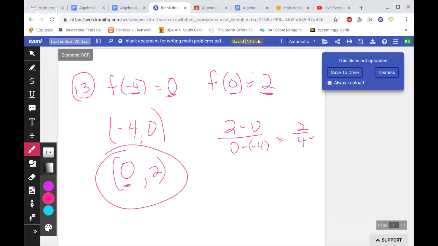So 2 over 4, which equals 1/2. So it's going to be y equals 1/2 x plus 2. All of these are coordinates written in function notation.